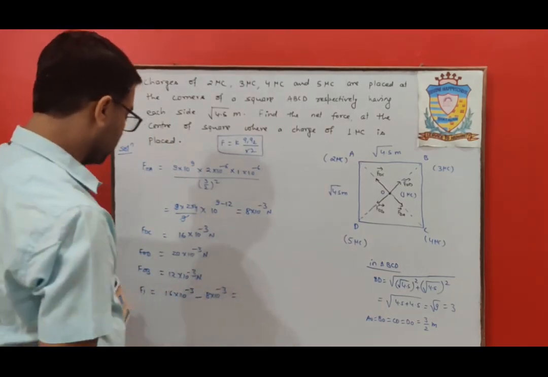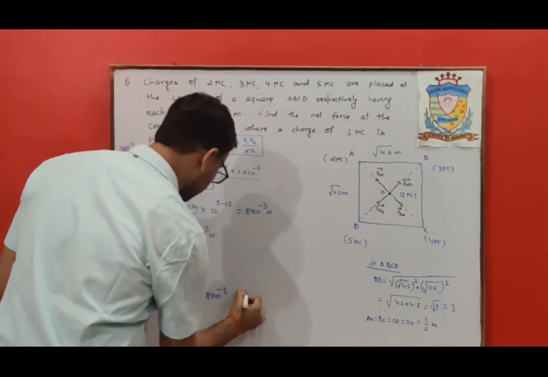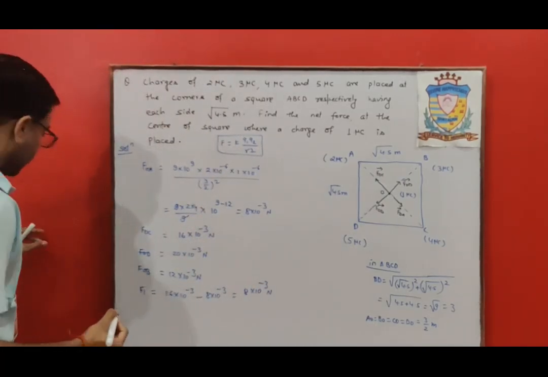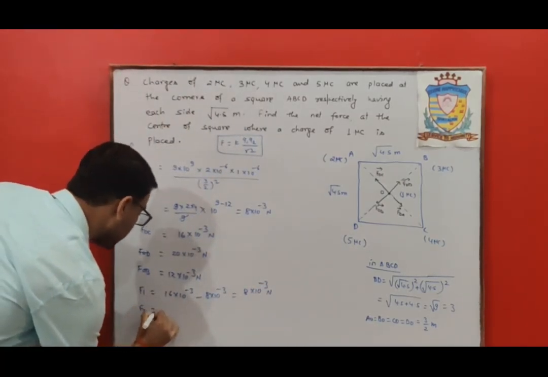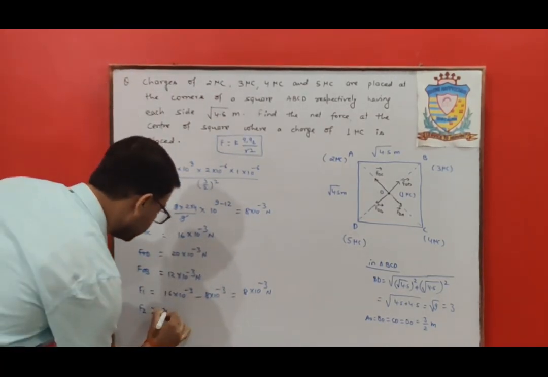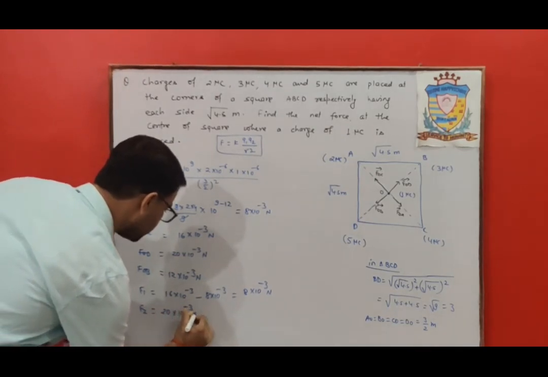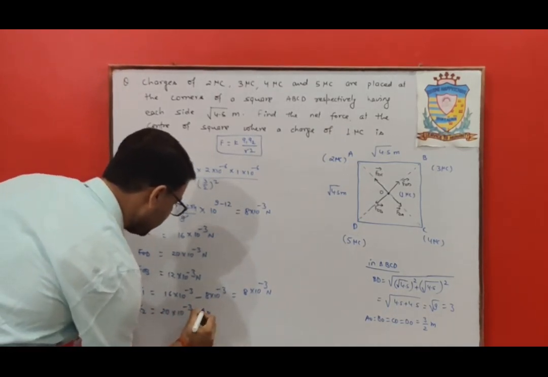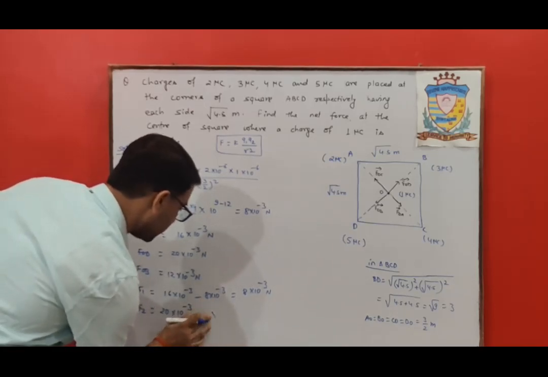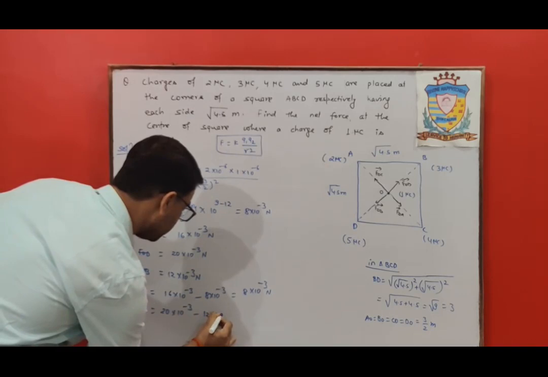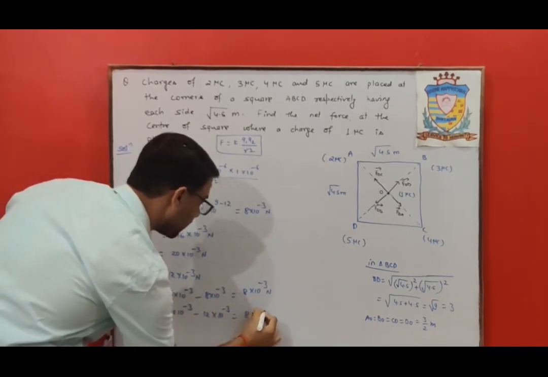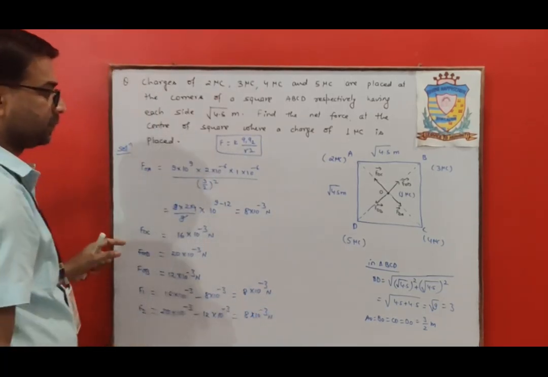Because these two are opposite, the resultant force will be the difference. Similarly F2 is equal to 20 into 10 to the power minus 3 minus, sorry, 12 into 10 to the power minus 3, which is again 8 into 10 to the power minus 3 Newton.